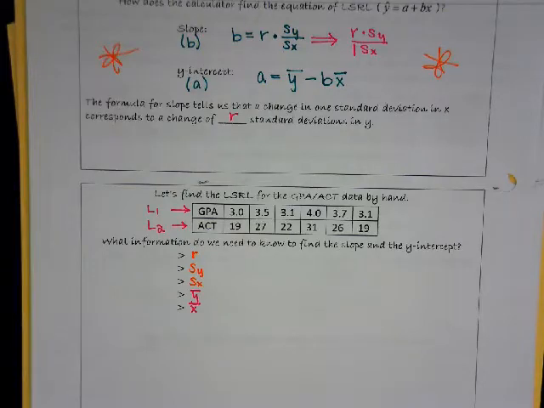Standard deviation. One-variable stats, I get r again. Oh, I thought it was two-variable stats. No. We want to know the average and the standard deviation for each list individually. We don't do two-variable stats until later.